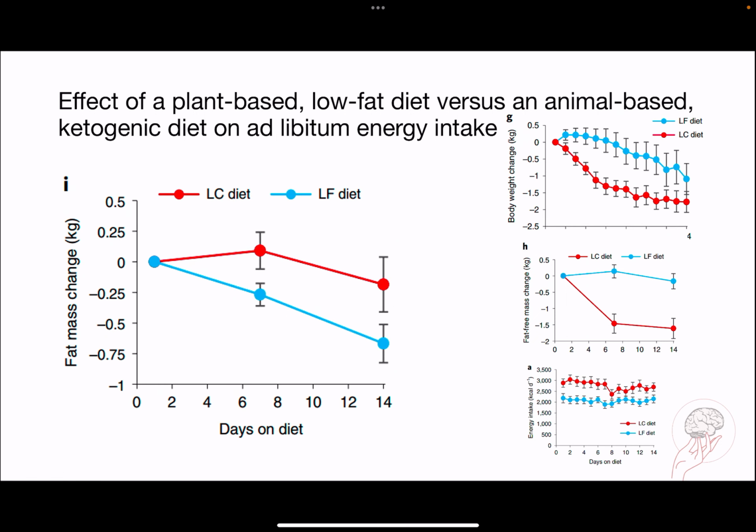The low fat diet also lost more fat mass than the low carb diet. So remember though, there wasn't a difference in body weight at the end. So if body weight is the same, who has more muscle mass or more water weight?